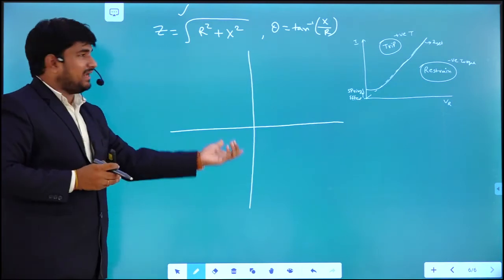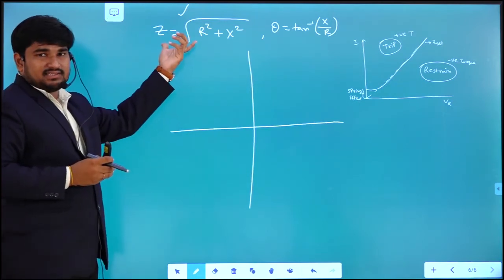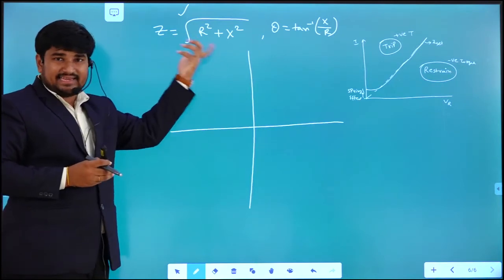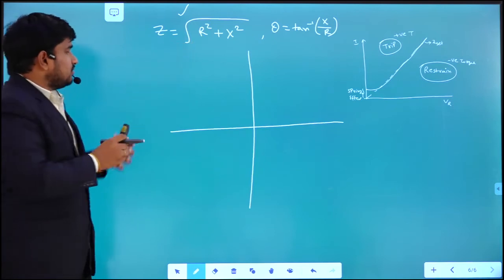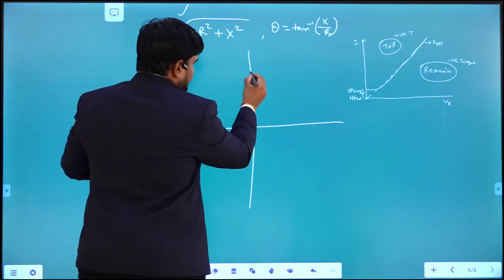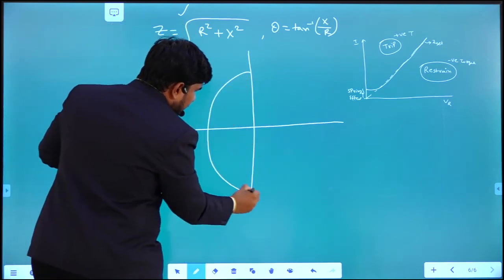For this RX plane, the impedance looks like a circle with some radius of Z set. So the characteristic looks like a circle here.